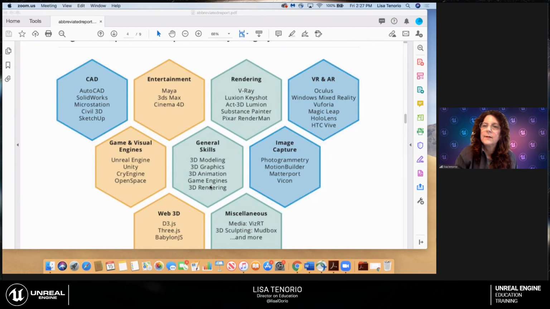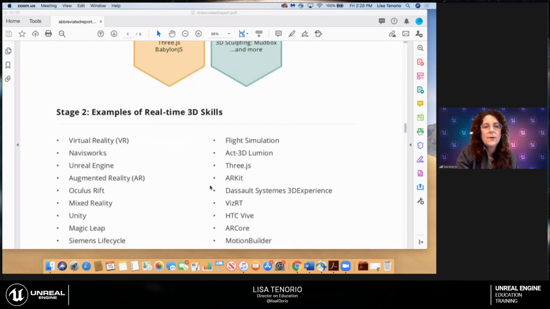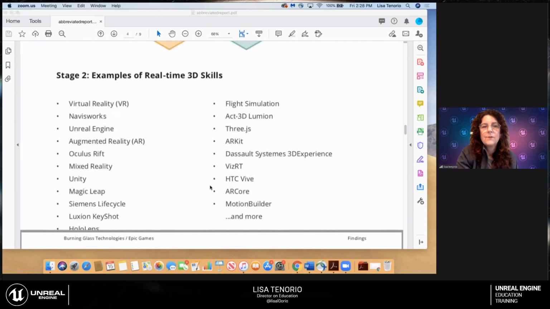So it's a blend of technology and general technical skills. And then if you keep going, you can see the subset of what was categorized as a real-time 3D skill that played into those 30,000 jobs. This is just a sampling of some of those, but again, the full list is in the appendix in the back.